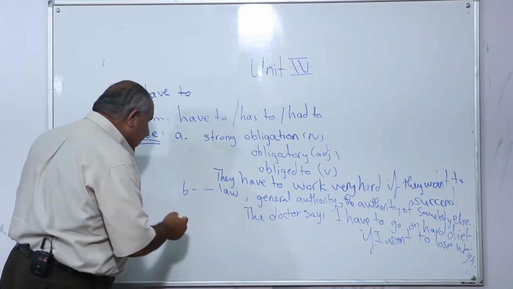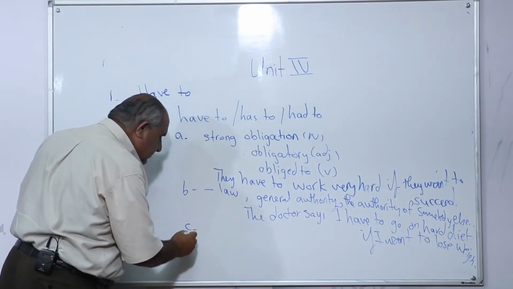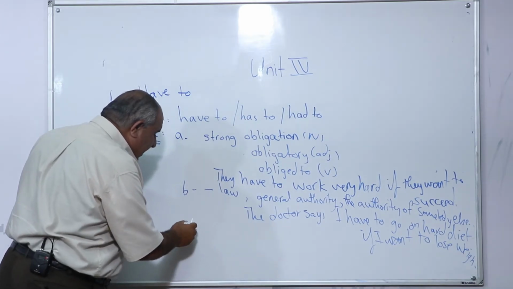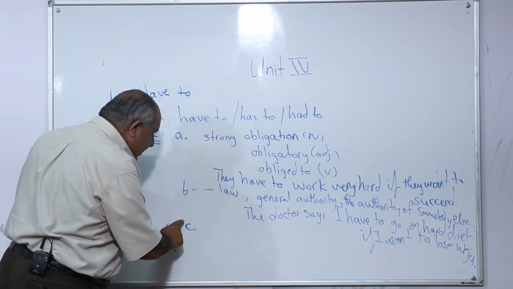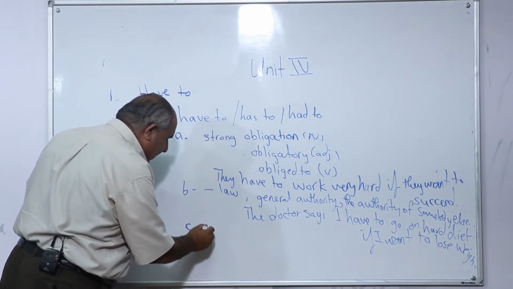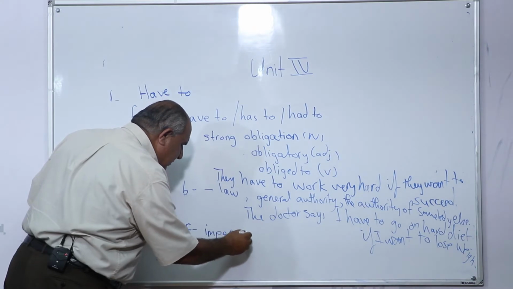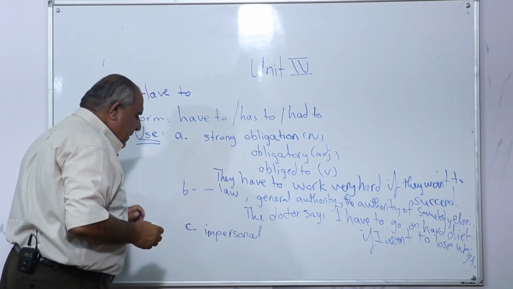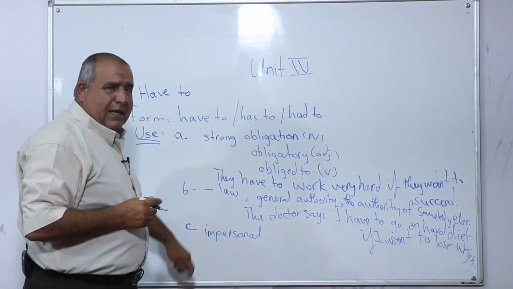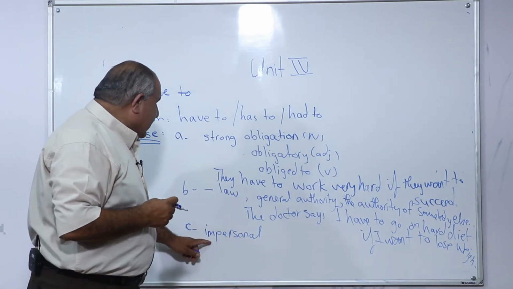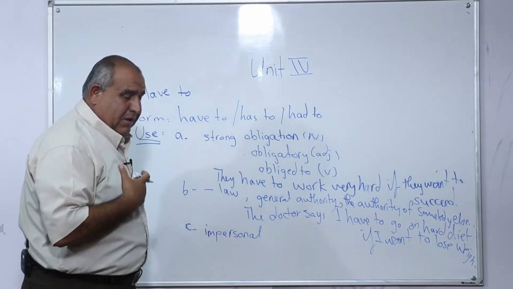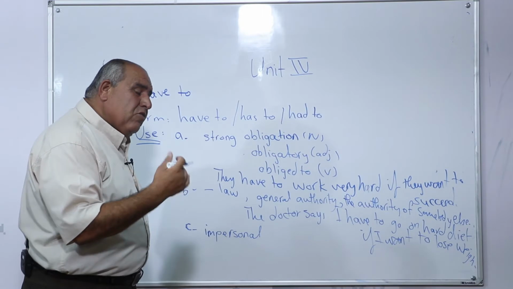The third meaning of have to is that we talk about impersonal. And we mean by impersonal that it is based not on my opinion. It is based on the opinion of others.